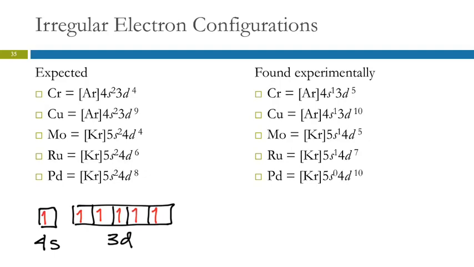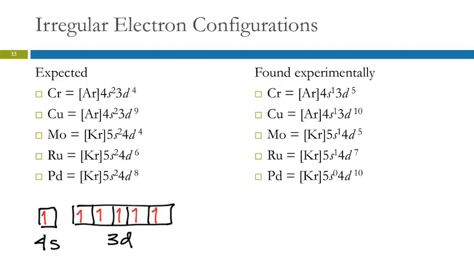Everybody has their own bed. Well, that's worth paying a little extra for, right? It turns out that there is a lowering of energy if you have exactly half full subshells. So now the 3d is half full and the 4s is half full.